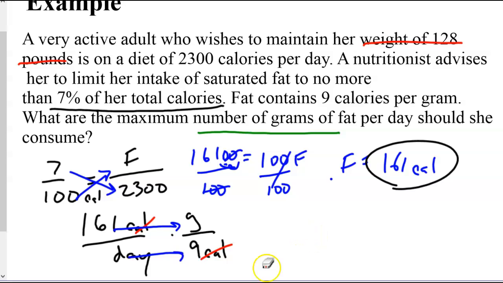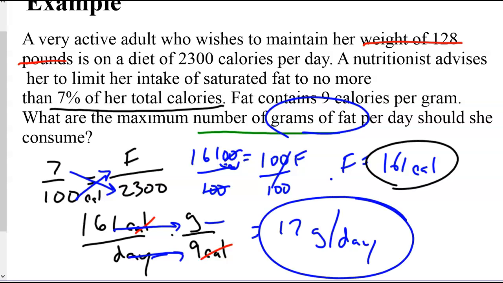So rather than 17.88888, we're going to say that that is 17, and they're looking for grams of fat per day. Grams, which is what we're left with, grams per day. All right, great.